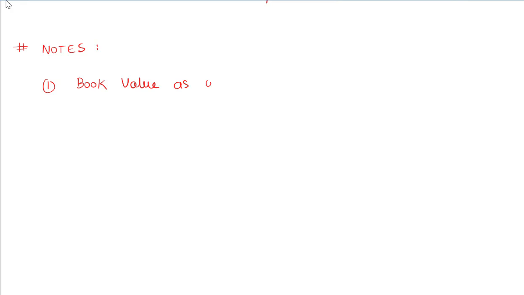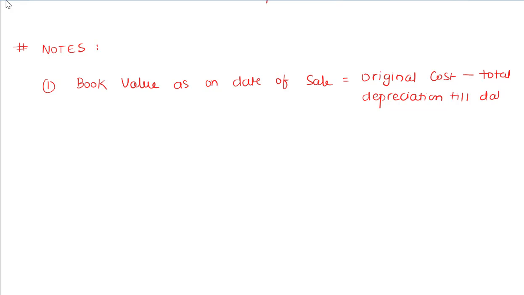Book value as on date of sale equals original cost minus total depreciation till date of sale.